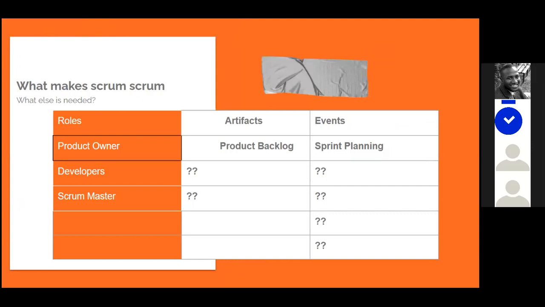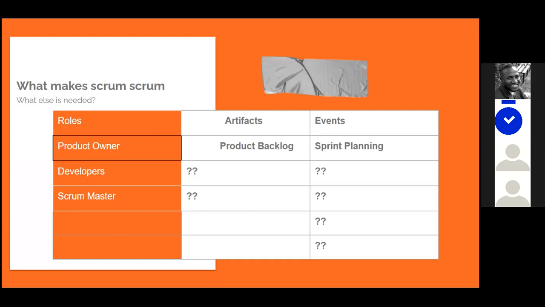And artifacts refer to those things that are used in order to organize work. So there are different roles in Scrum. We have the product owner, we have the developers, the team, and you have the Scrum Master.